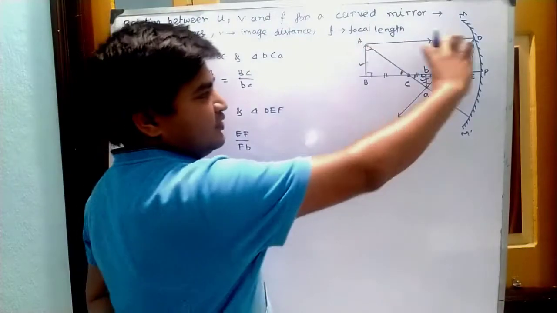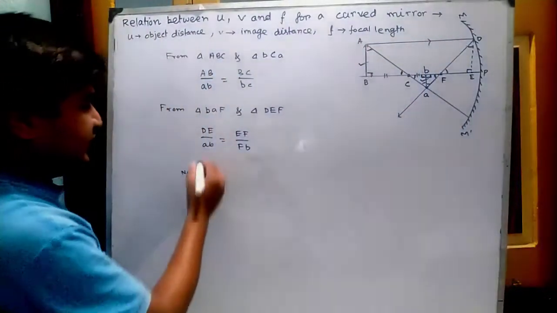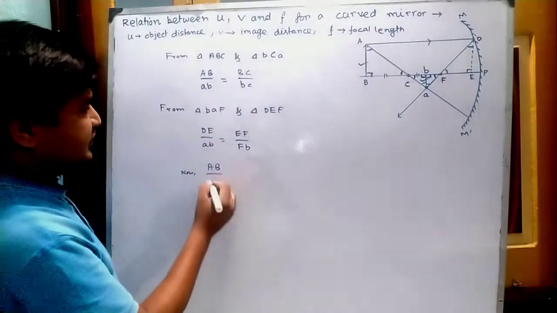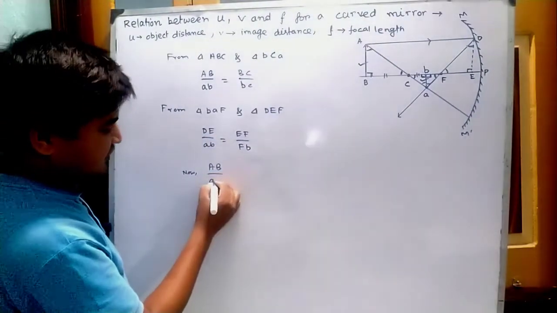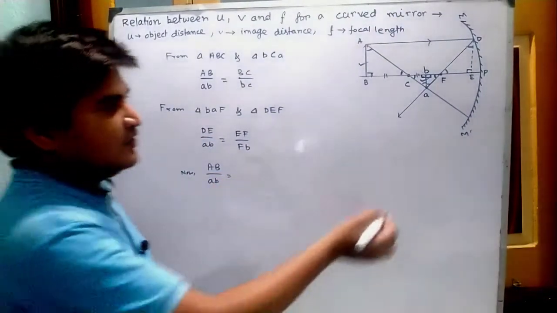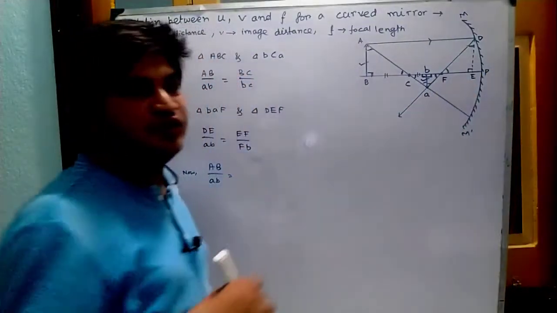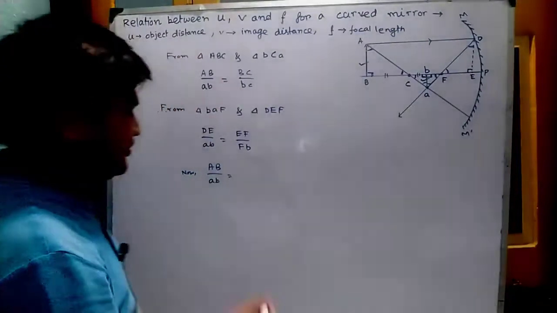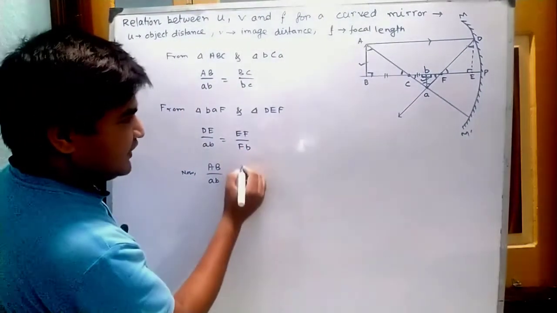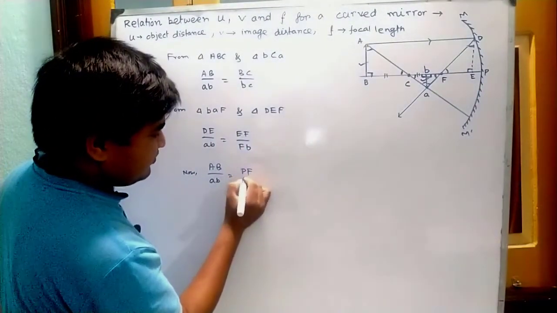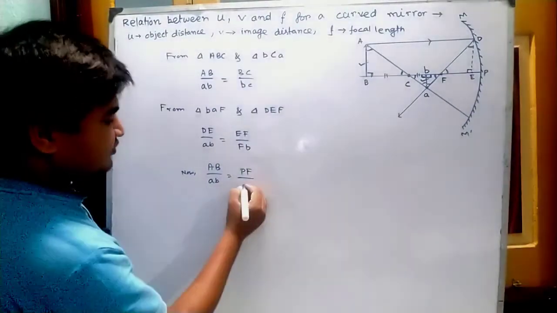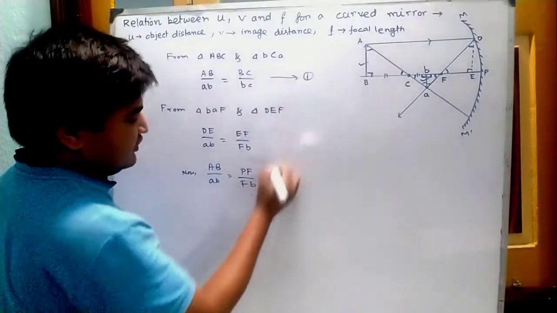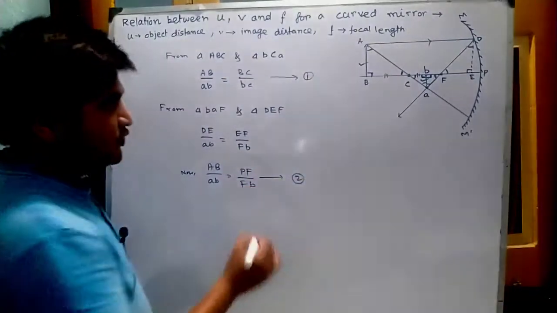Now as AB equals DE, you can write AB in place of DE. Again E and P are very close to each other, so we can write EF as PF and this is FB', giving it equation number 1 and equation number 2.